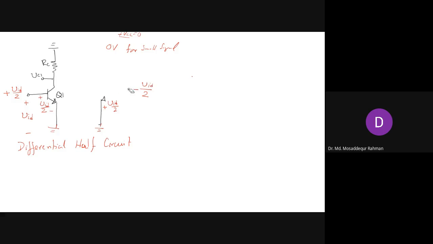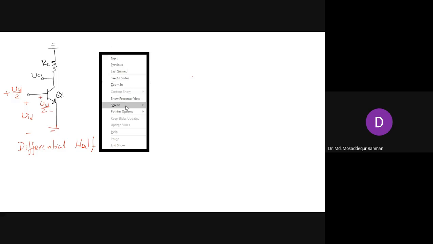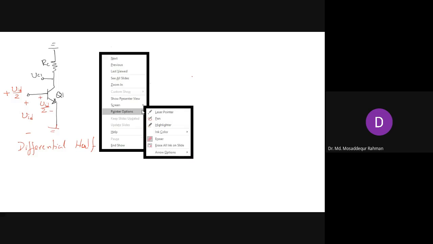Let's see what we get if we analyze the circuit using our knowledge of the amplifier circuit and the small signal equivalent circuit. Okay, so there is our differential half circuit, and this same circuit we can redraw.